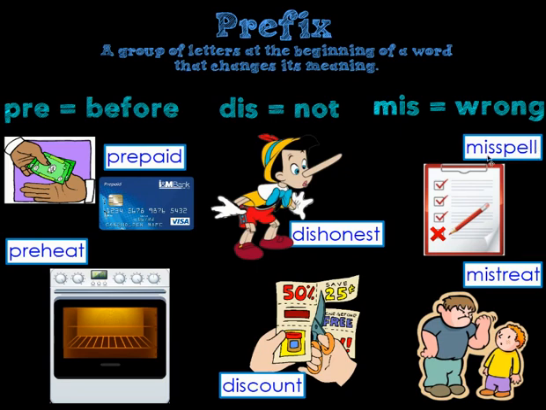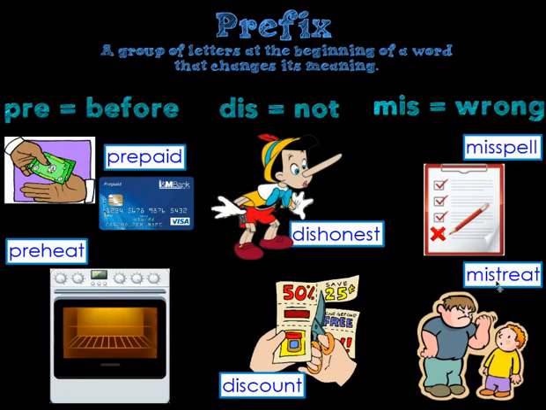So if the prefix mis means wrong, then this means to spell wrong. You can see in our example, this is correct, correct, correct, and then they misspelled a word and got it wrong.